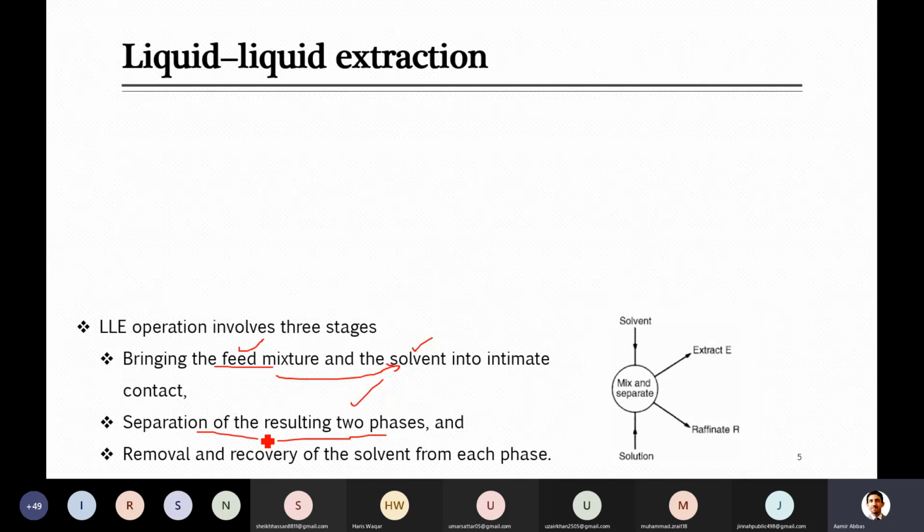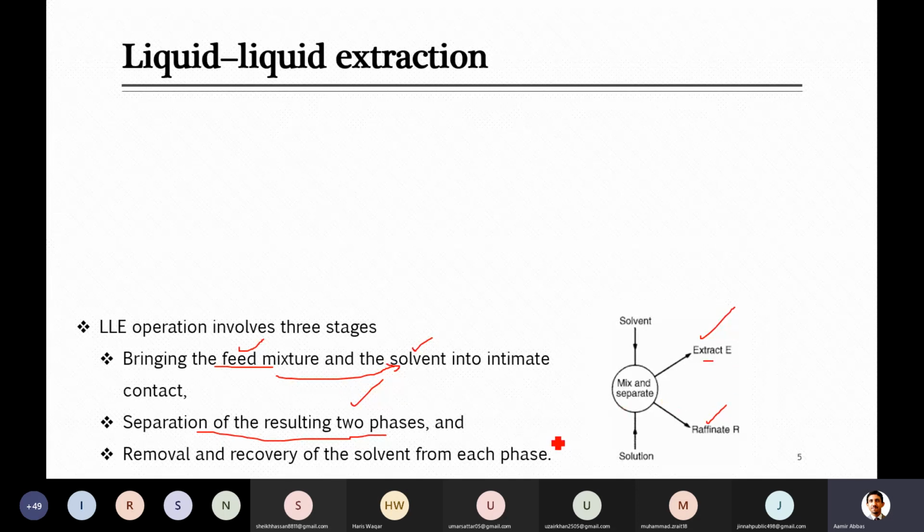Then later on you have to separate the extract and raffinate. Extract and raffinate are those 2 phases which settle out after giving it some time under the action of gravity. There will be 2 layers, 2 phases: the extract phase and the raffinate phase.